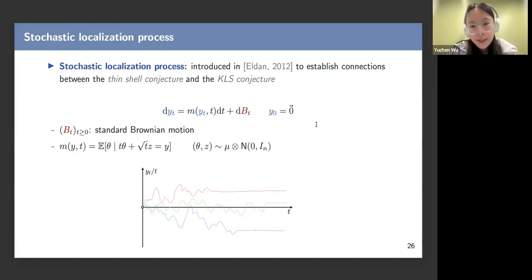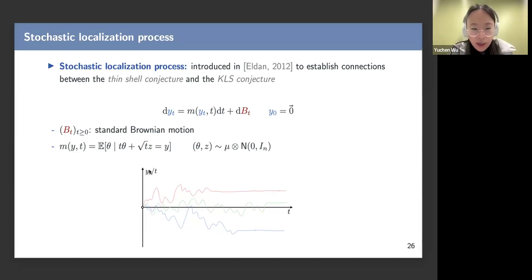The process is initialized at the origin and is defined through the stochastic differential equation dy_t = m(y_t, t) dt + db_t. Here, b_t is a standard Brownian motion, and m(y_t, t) is the conditional expectation of theta conditionally on t theta + sqrt(t) z = y. Here, theta and z are independent random vectors, with theta distributed according to the target distribution, and z a standard Gaussian.